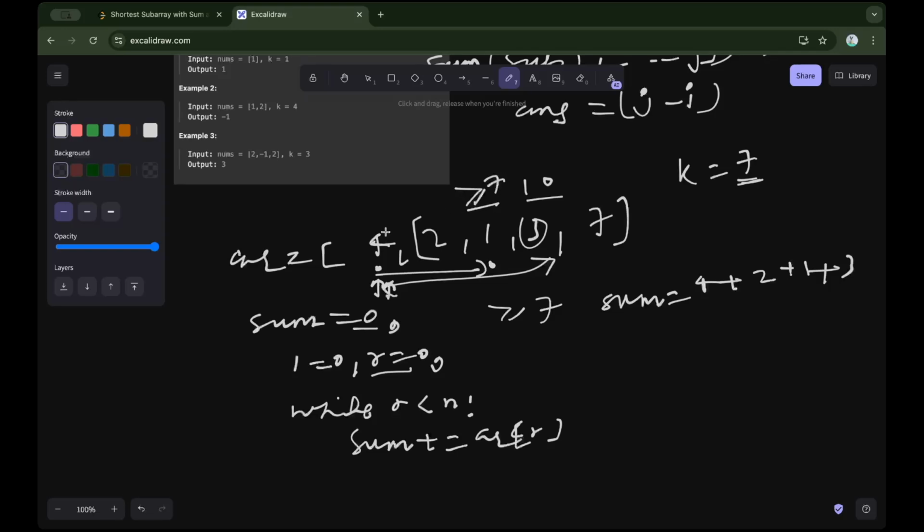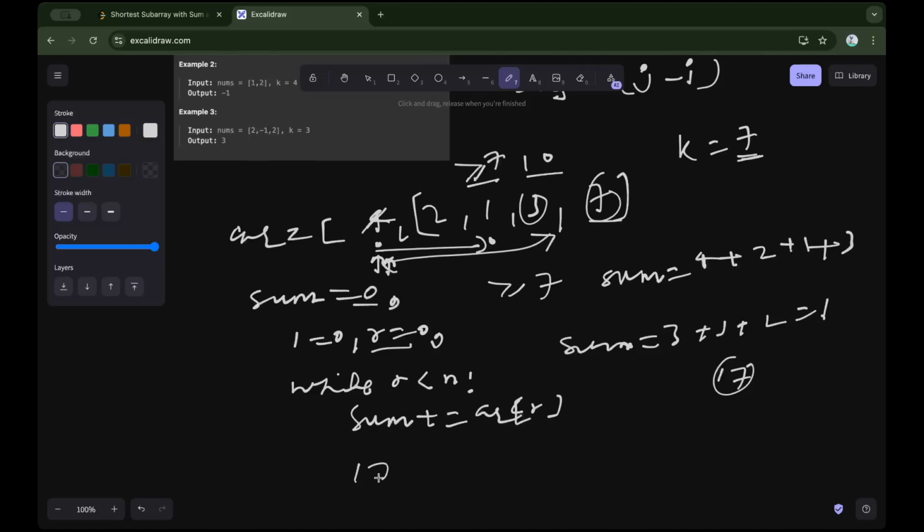Then we cannot subtract this, because after removing it the sum is 3 plus 1 plus 2, that is 6. Now it comes to 17 if we add this. Now can we remove this? Yes. 17 minus 4 is 13, which can be an answer.